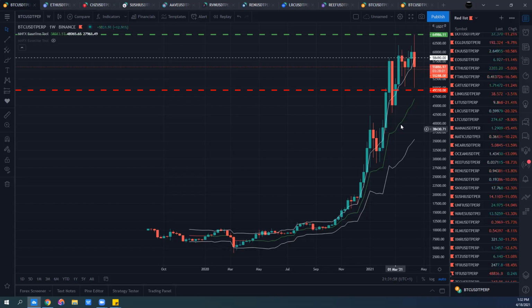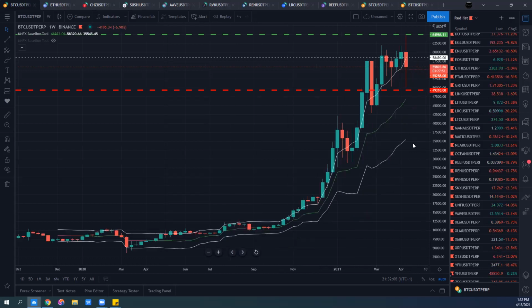Now, in my own personal opinion, this might not be 100% correct, but I'll share it with you. Before I can tell you that this bull run might be over, I want to see price touch this 35k level. Because if you look at price, the last time we had a touch on this lower part of the channel was in March last year, when the virus started and the lockdown started.